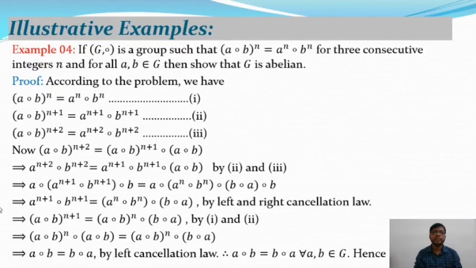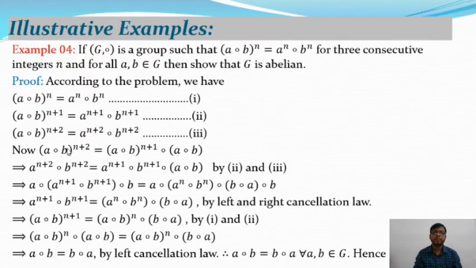Now from equations 1, 2 and 3 we will prove that G is abelian. First of all we take (a∘b)^(n+2), which equals (a∘b)^(n+1) ∘ (a∘b).